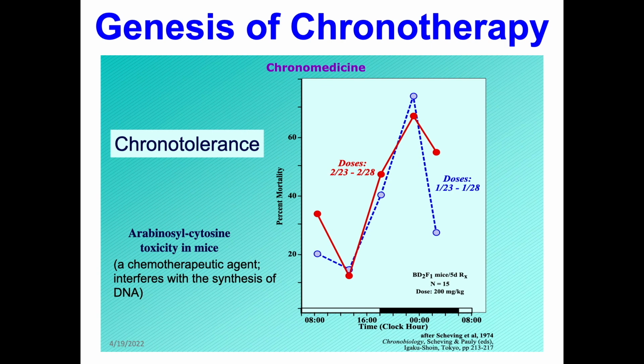Then they replicated the same experiment in another month. The protocol was the same, the dose was the same for all the groups, and in each group 15 mice were kept. The outcome of the second experiment was the same: the mortality was maximum during the middle of the dark phase.